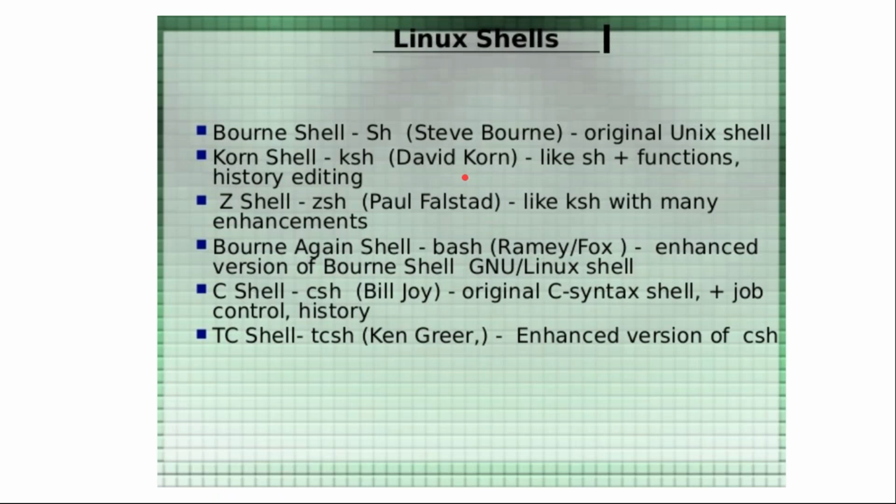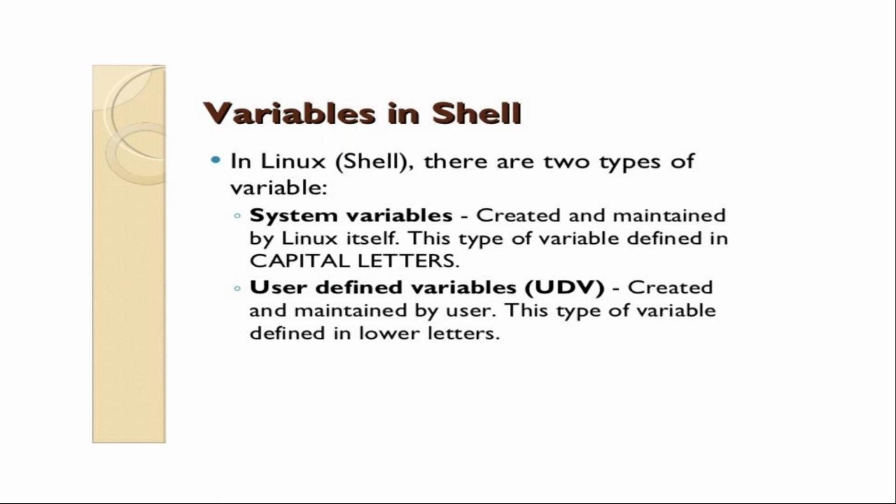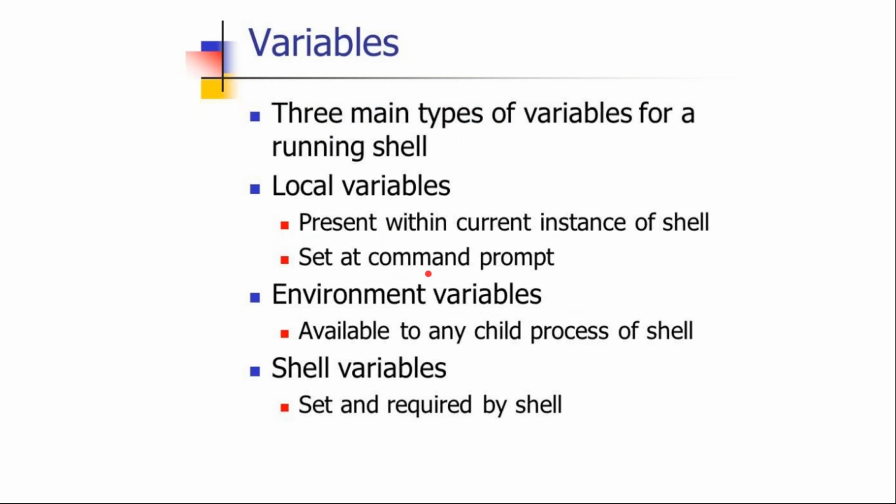So these are the variables in a class. There are actually two types of variables, system variables and user defined. The user defined ones are called UDV, the user defined variables. And system variables are also called environmental variables, and they're all in capital letters. Similarly, sometimes it's defined as three types of variables. One is local variables, which you define in an instance of the class.